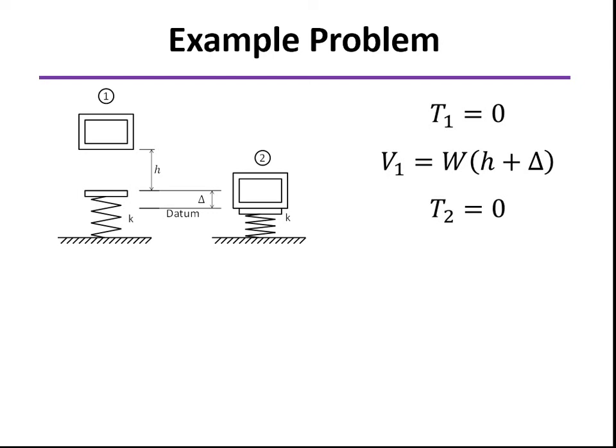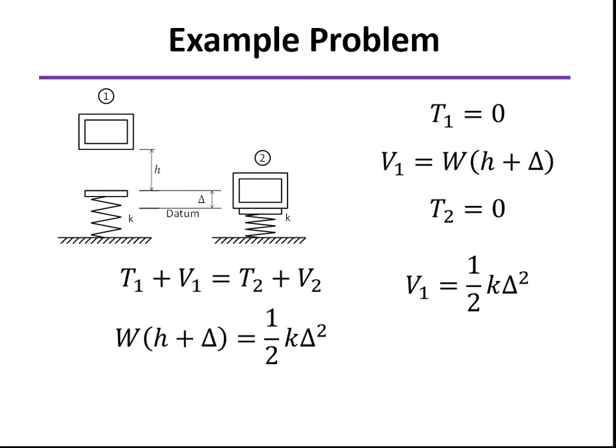The final kinetic energy is 0, and because the weight is now at the datum, the only term for the final potential energy is 1/2 K delta squared, the energy again stored in the spring. So applying our equation again to equate the energy and rearranging the terms, you'll see that we have exactly the same quadratic equation. So what we see out of this is it doesn't matter where we choose the datum as long as we're consistent from 1 to 2.